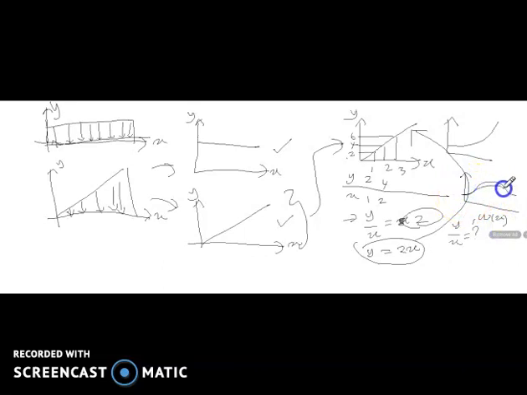So any form of curve, we represent it as w of x, which means this is equal to y over x. So we can use this to represent our distributed force.